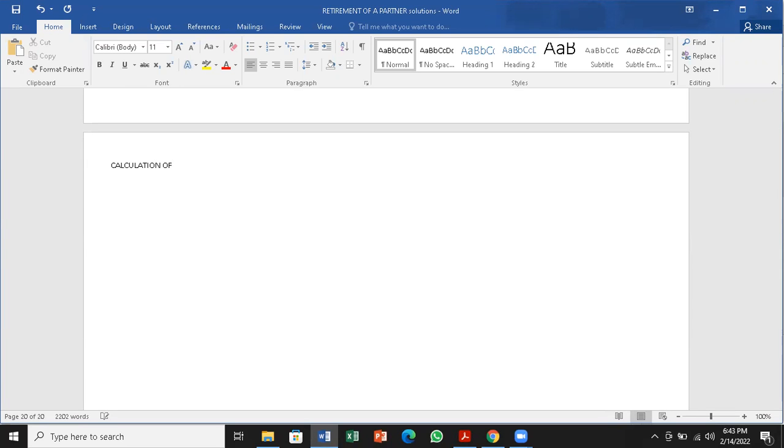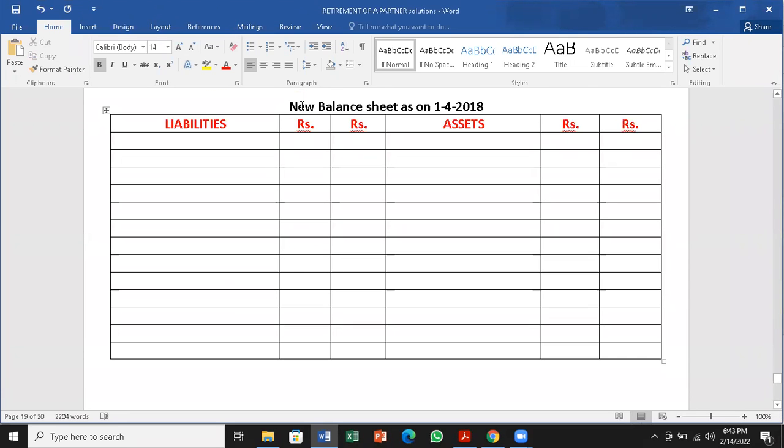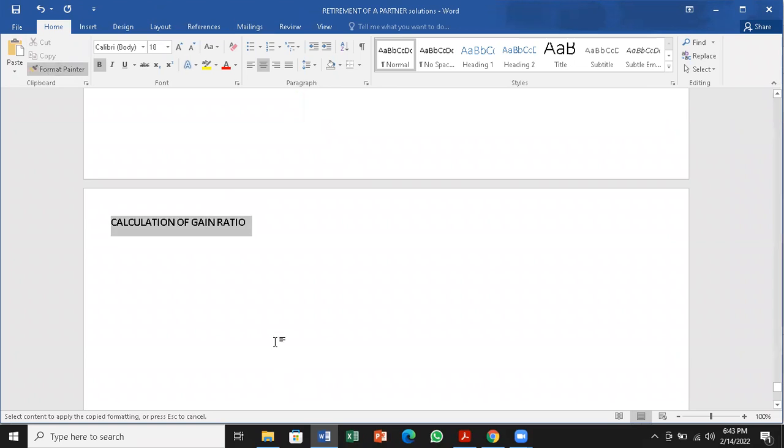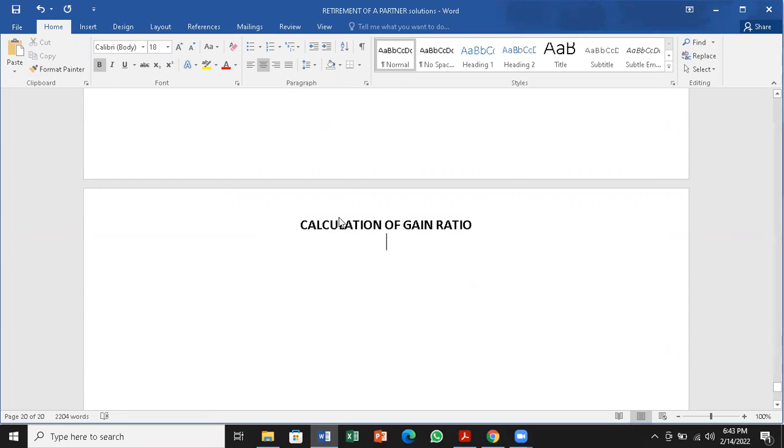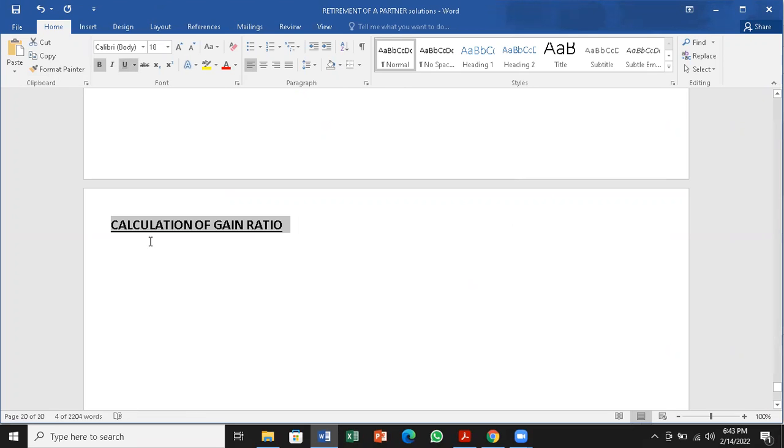Calculation of gain ratio. Problem number 1, page number 50.